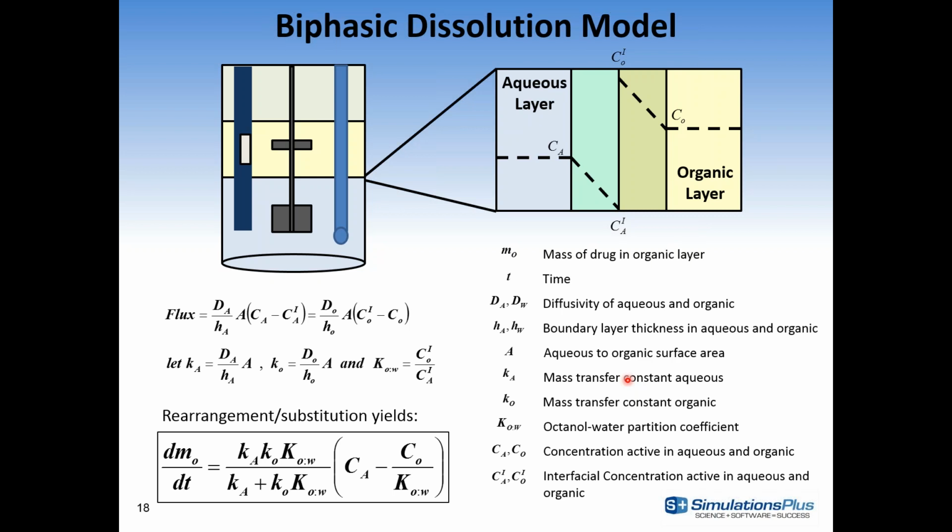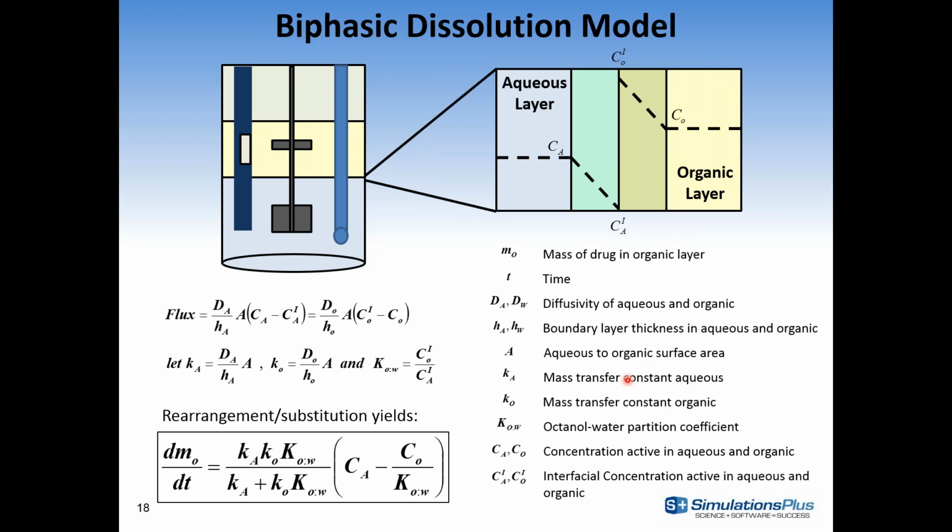The flux is calculated as shown, and if you rearrange these equations and solve, you can get a differential equation for the appearance of drug in the organic layer versus time. And that's strongly related to the octanol water partition coefficient or decanol or whatever organic phase you use, and the mass transfer coefficients.